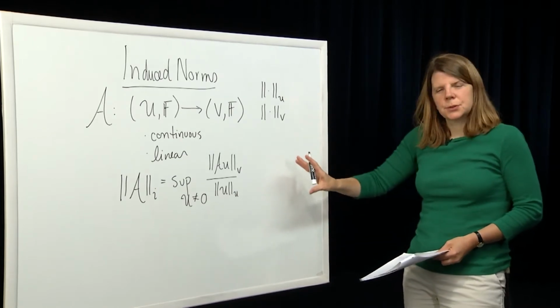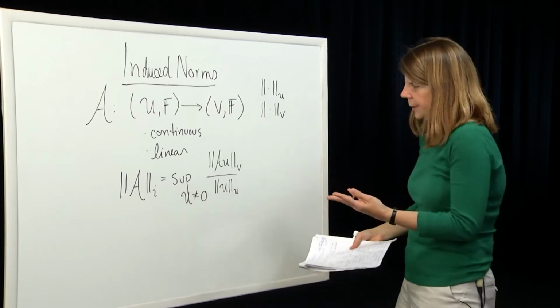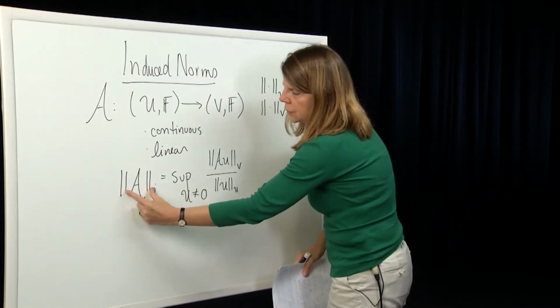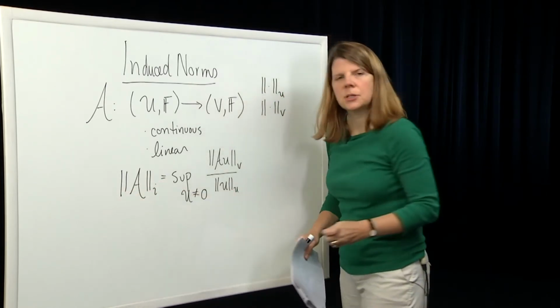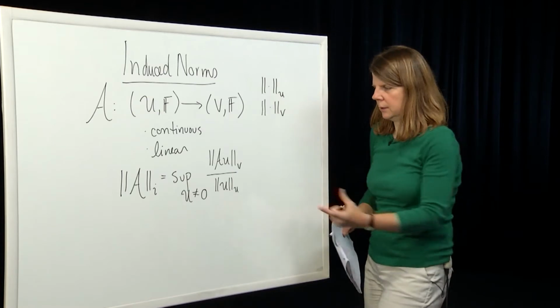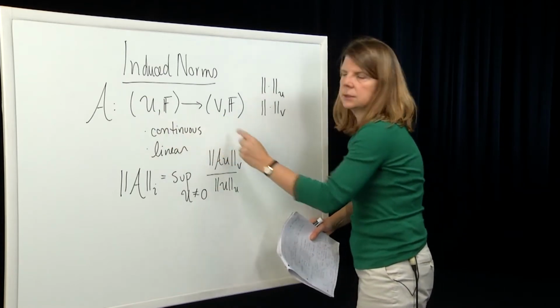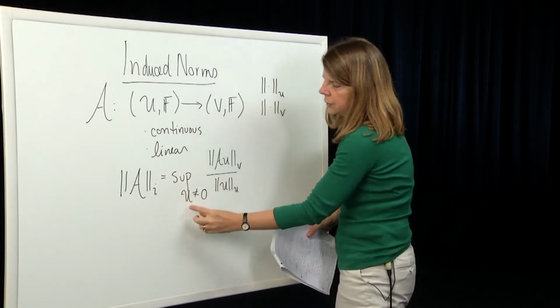Okay, so it's an abstract definition. It's abstract because of, I think, a couple of things. First of all, we're looking at the norm of an operator, and we're thinking about measuring the size of the operator by how it operates on vectors in the individual spaces. And the second thing is that we include this supremum.